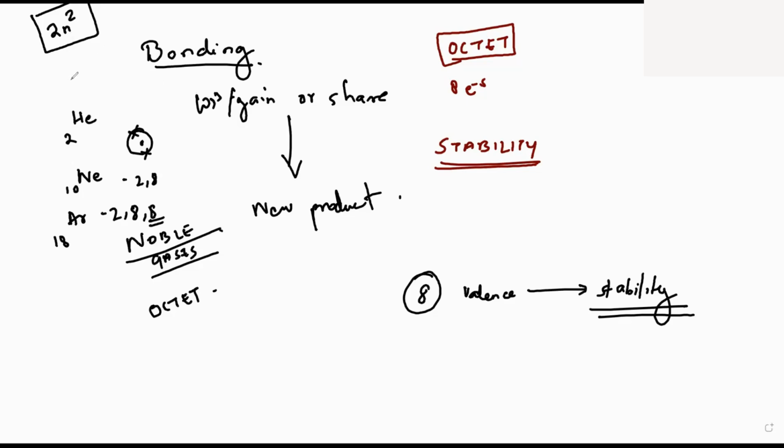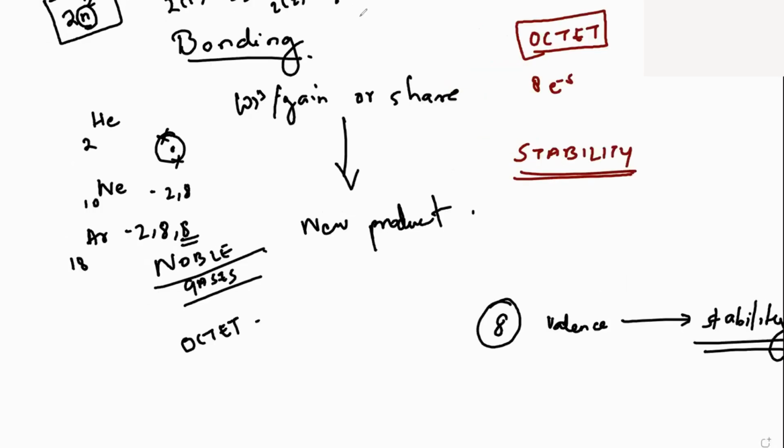Just remember this formula, 2n squared, where n represents the shell number. If I put in one squared, it becomes 2, so the first shell can accommodate only 2. The second shell can accommodate only 8. So what would it be for the third shell?